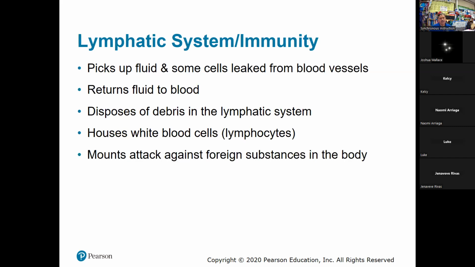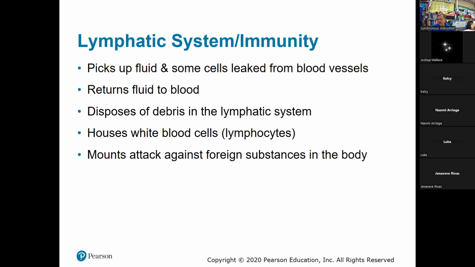You have the lymphatic system. People sometimes don't realize that we have the lymphatic system. It is fluid in the body, but it's not your blood. And so things that leak out or come out of the blood system go into your body fluids, and your lymphatic system picks them up. As you can see in the first bullet, it says it picks up fluid and some cells that are leaked from the blood vessels and puts them back into the blood vessels.